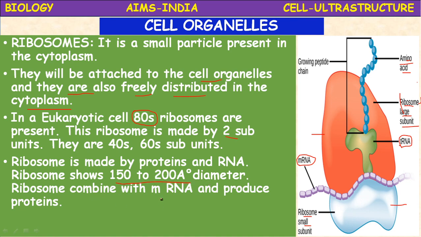The ribosome combines with mRNA and produces proteins. The ribosome is made up of two units, particularly the eukaryotic ribosomes: the two subunits, 40S and 60S.